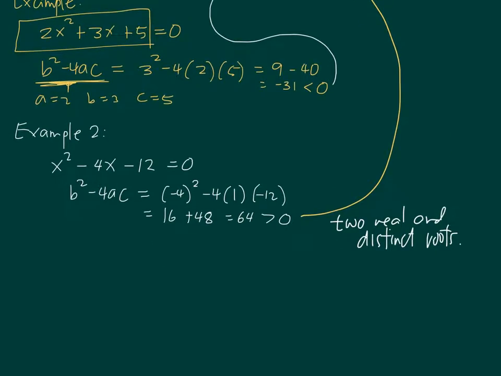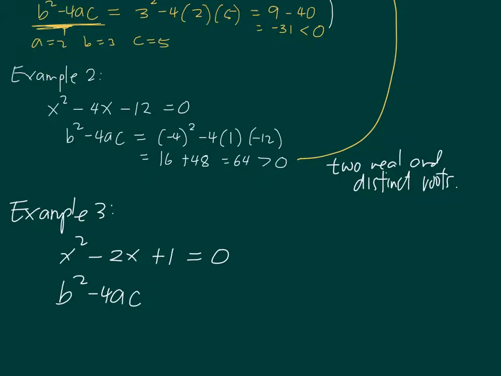So example, this is now number 3. x squared minus 2x plus 1 is equal to 0. So when I apply b squared minus 4ac, the discriminant, b is negative 2, and then you square, minus 4 times a is 1, times c is 1.